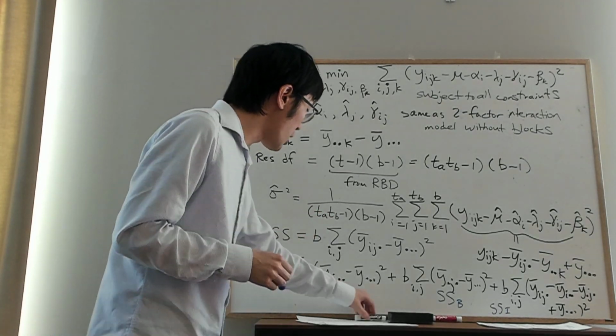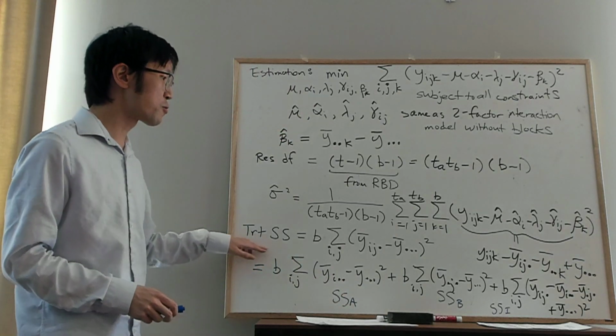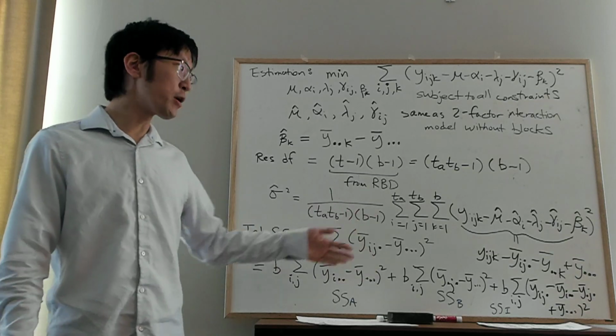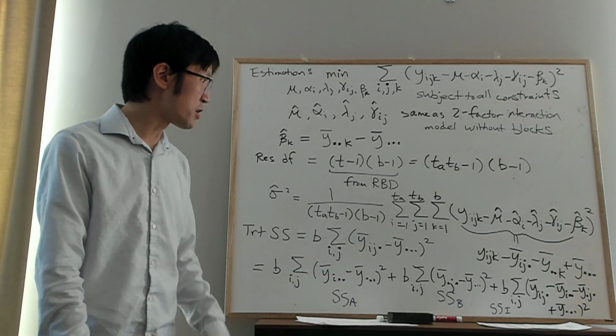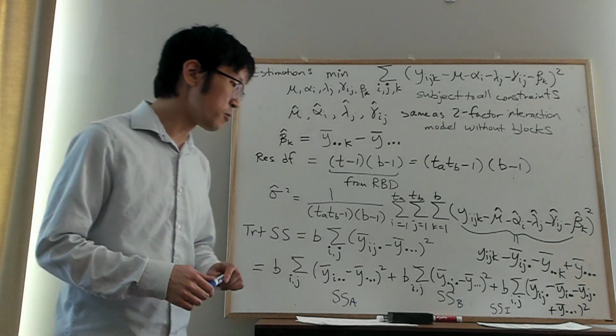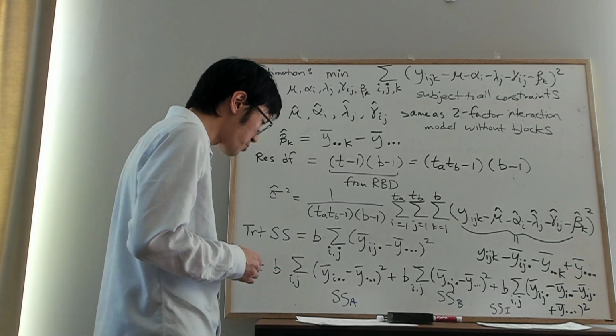So that is how we decompose the treatment sum of squares into the three things. Remember, we're just rewriting the treatment using these three sets of parameters, and these are the sums of squares associated with them, just like we saw in the interaction model.